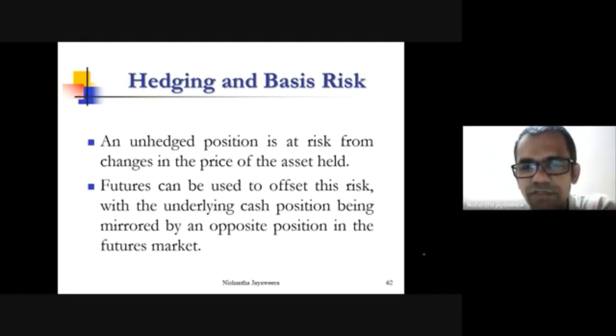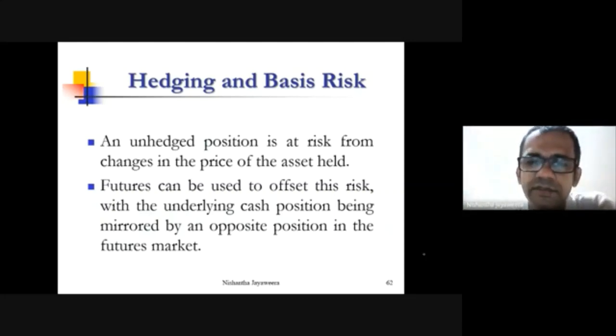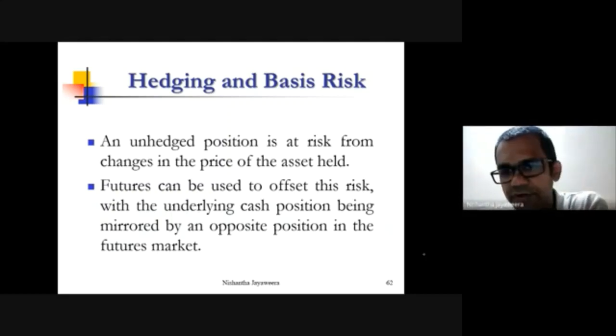So when you have a long position, you hedge it using a short position in the forward market. If you have a short position, you enter into a long transaction in the forward market. You do the opposite side.